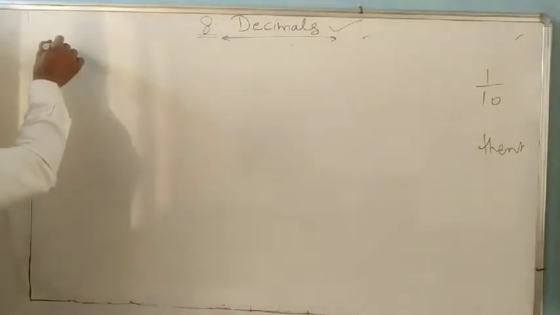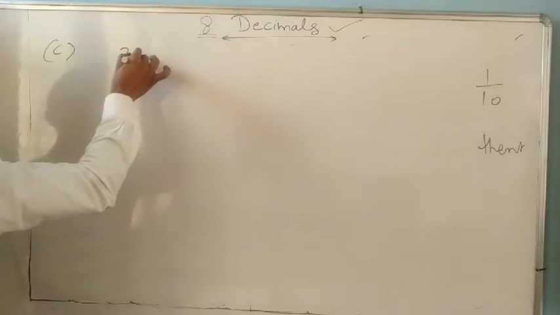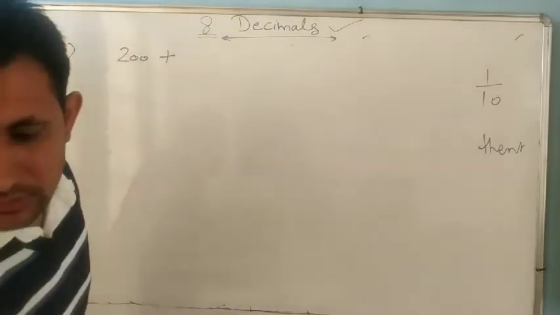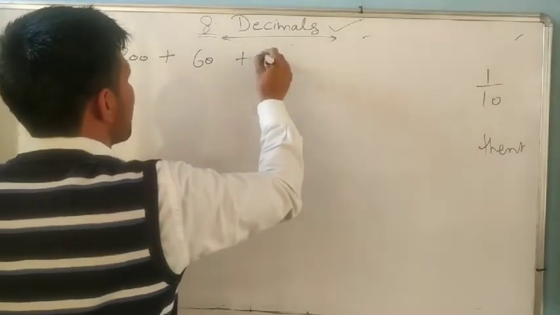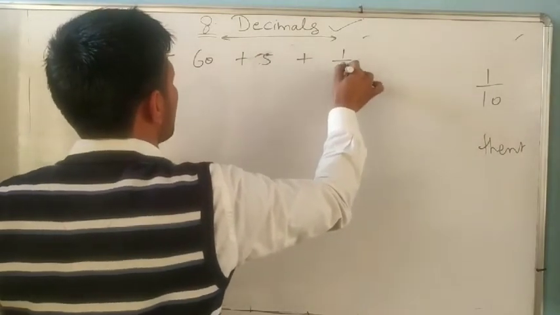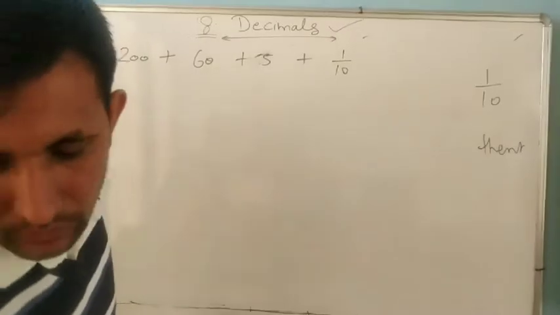Next is C part. C part: 200 plus 60 plus 5 plus 1 upon 10.